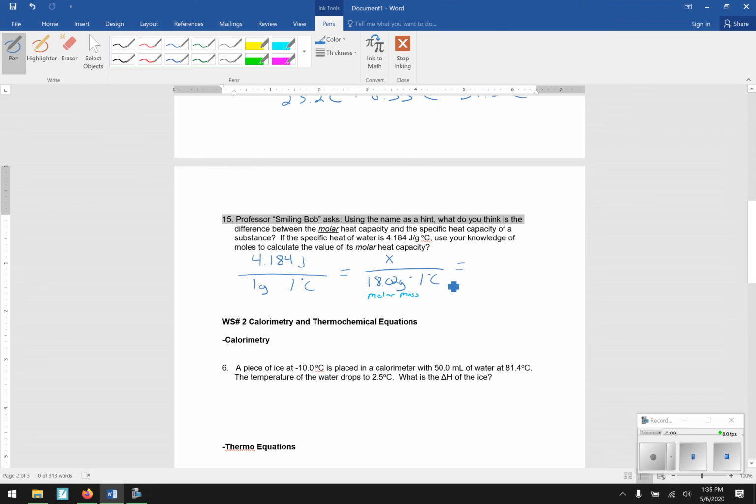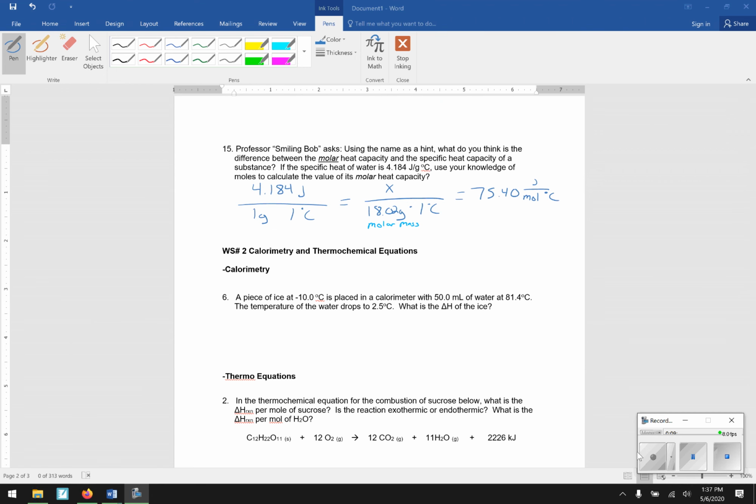And you get 75.40. Now the proper units for this would be joules per mole degree Celsius. It could be kelvins too. So degree Celsius and kelvins, since it's a change, doesn't matter. So 75.4.